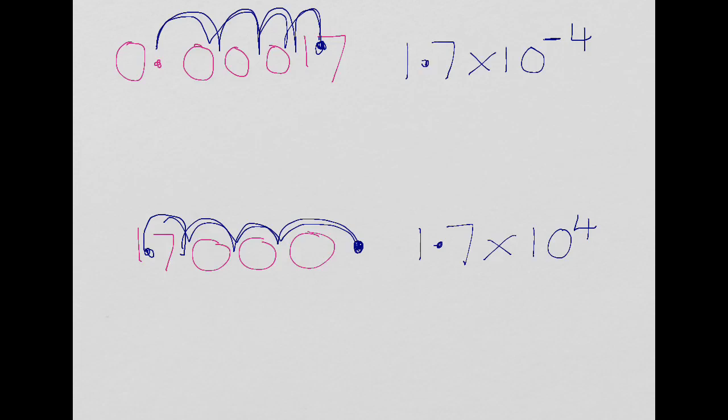Notice the negative, and when we use that negative, when we're dividing, and here when we need to multiply, because this number has to get back to here, and this number has to get back to this. These are equivalent. They're different ways of writing them, and it's used in science to help us, particularly to compare numbers, because I can immediately see that though these both start with 1.7, this is significantly smaller than this one here.